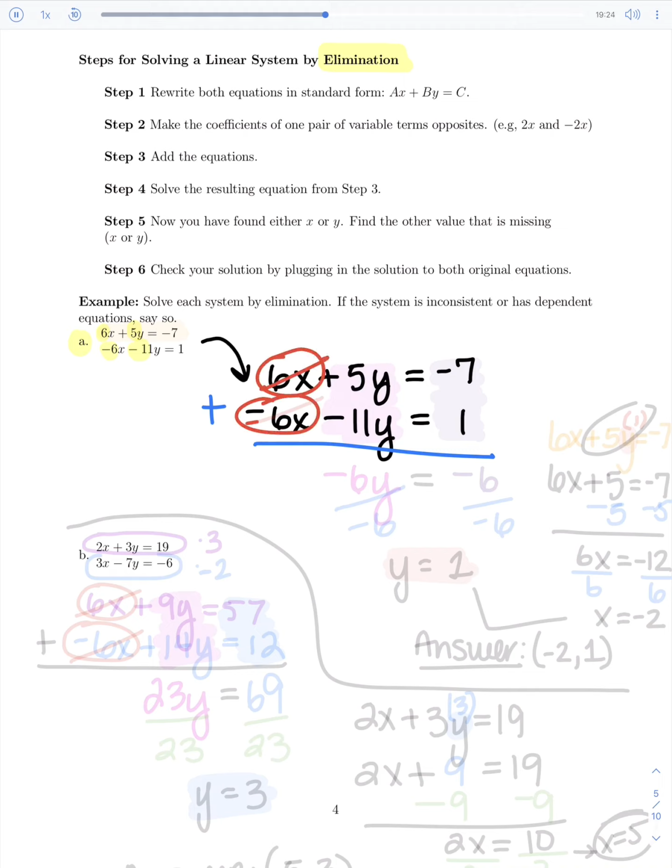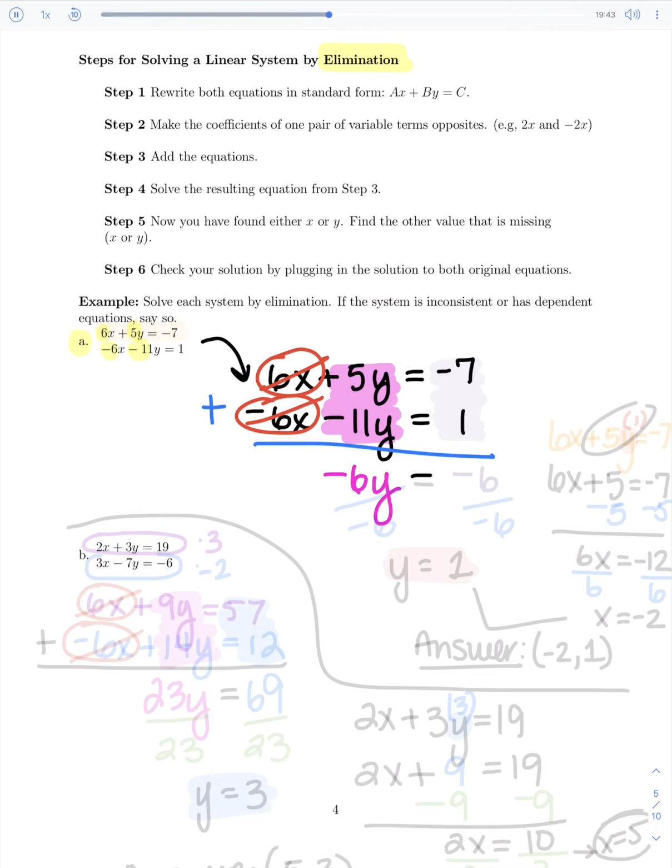So when they add, they will cancel out. And then we can just combine the rest of the terms normally. We've got a 5y added to a negative 11y, which will give me negative 6y.